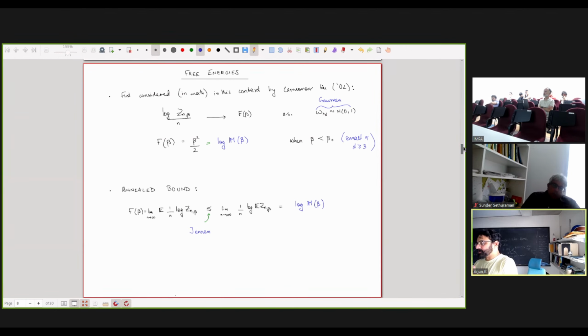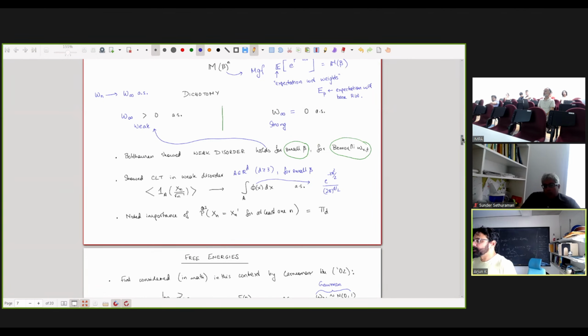So there are many natural questions. Is the free energy always equal to the log moment generating function? The answer is no, and one would like to show this. In fact, F beta being strictly smaller than the log MGF would imply this martingale going to 0.